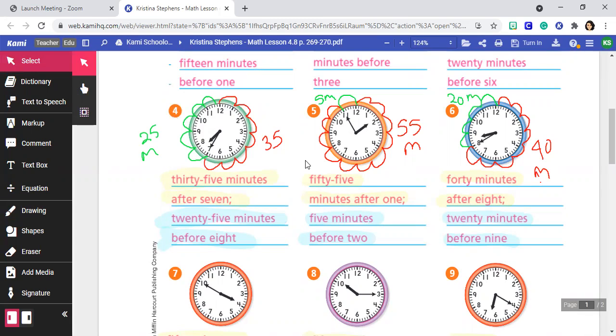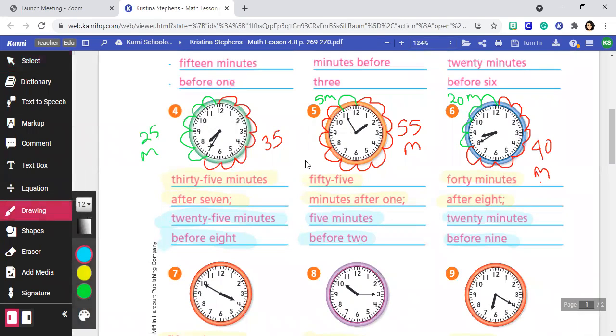So we've got 2 different answers that we're looking for. How many minutes after the hour and how many minutes before the hour? Well, before I can really even go on, I need to remember that that hour hand is giving us some information. When I look at this hour hand right here, I know it's in between 7 and 8, which means it's not 8 o'clock yet.